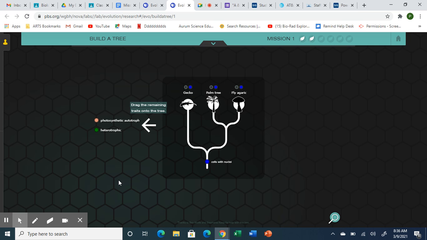And heterotroph, we learned, is the mushroom. And something is wrong. What is wrong? What have we done wrong with our tree? Oh, maybe they're both. Maybe I put it here.